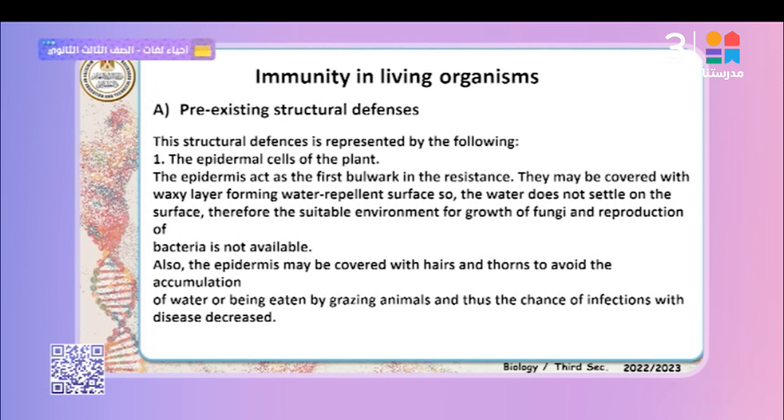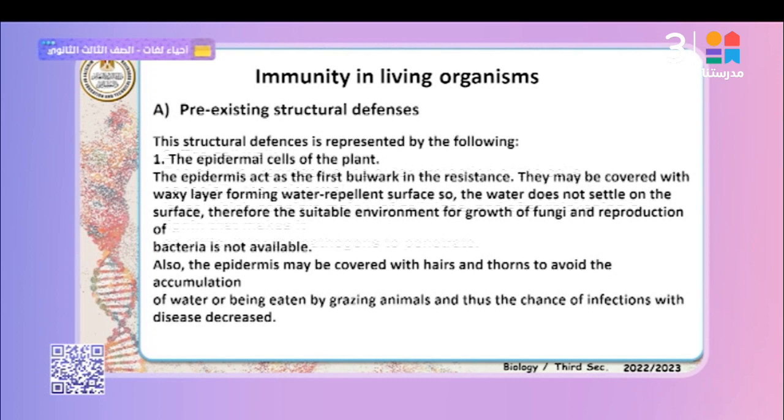The epidermis may be covered with hairs and thorns. Hair, no accumulation of water. Thorns, no accumulation of water. Okay, and they protect the plant from the grazing elements, preventing eating by grazing animals, and thus the chance of infection with disease is decreased.